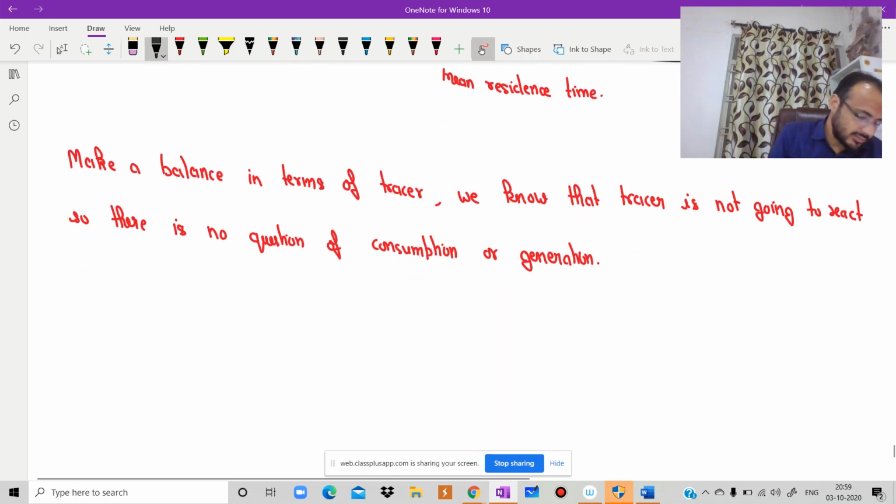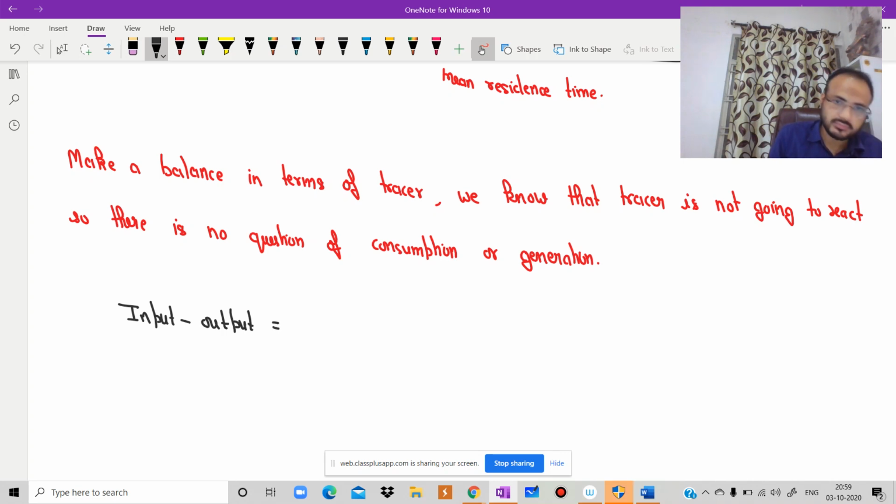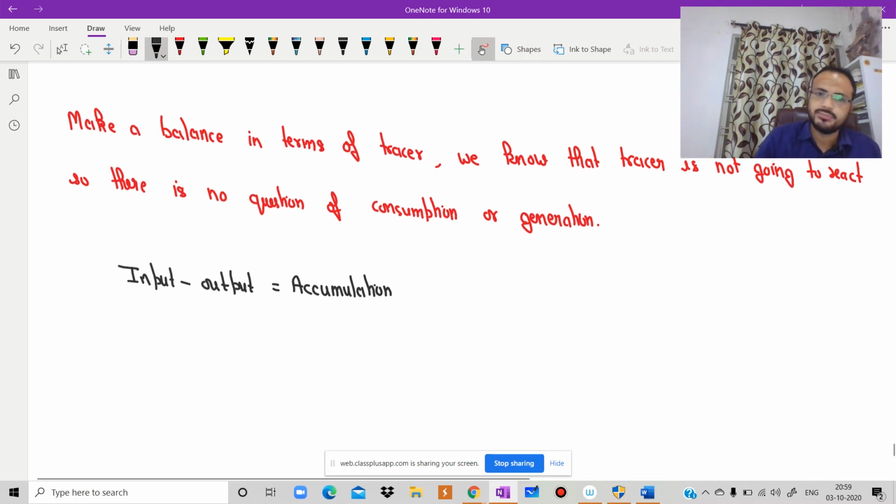We know that equation: input minus output, all the remaining terms are zero. Input minus output is equal to accumulation. Very good.